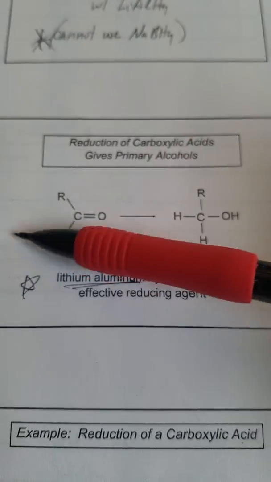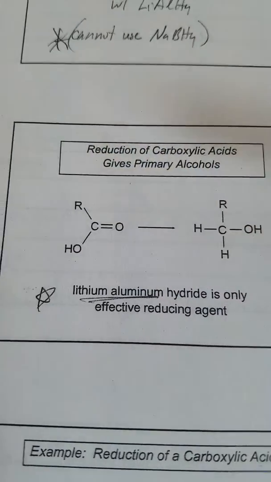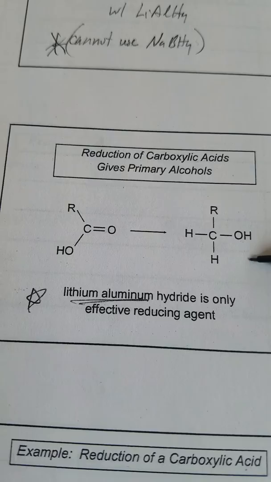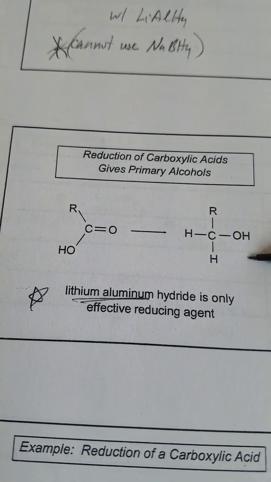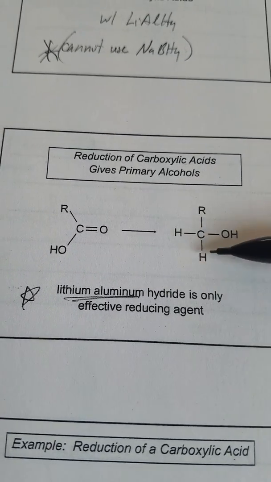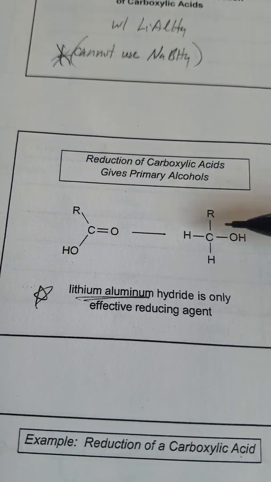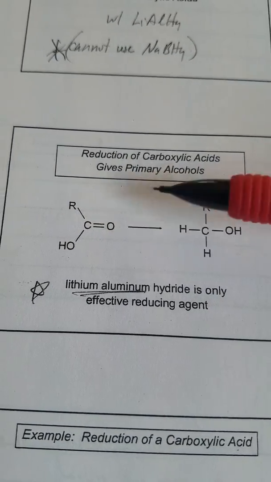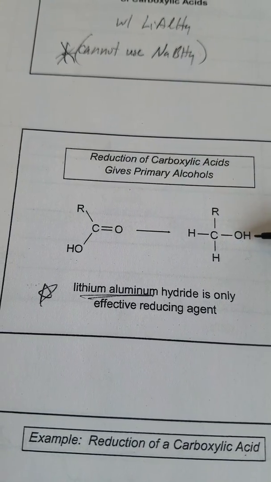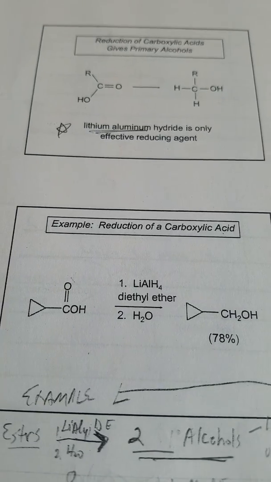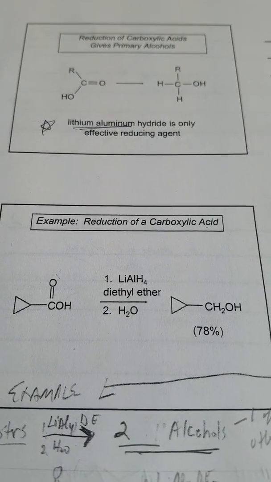So here's our acid group right here, and then of course your alcohol will come here. Just like before, your hydrogen is going to go to the carbonyl carbon, and then your oxygen is going to pick up the hydrogen from the water. So this just shows you again a specific example.